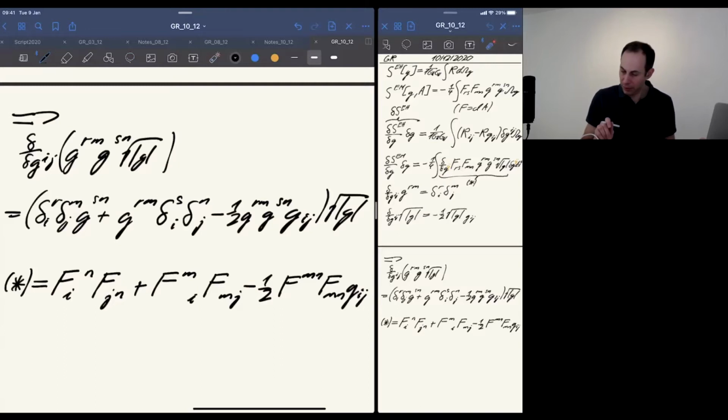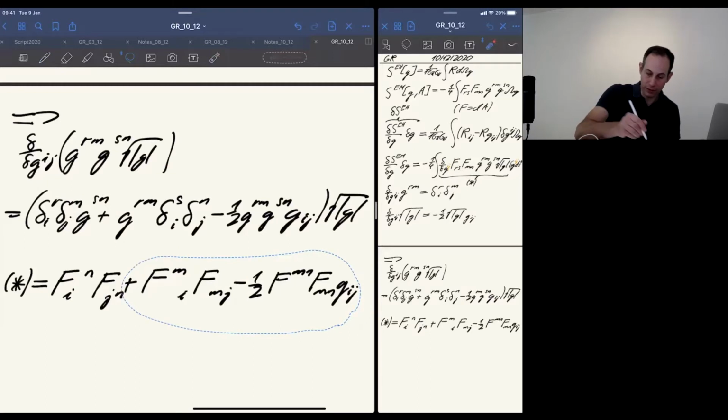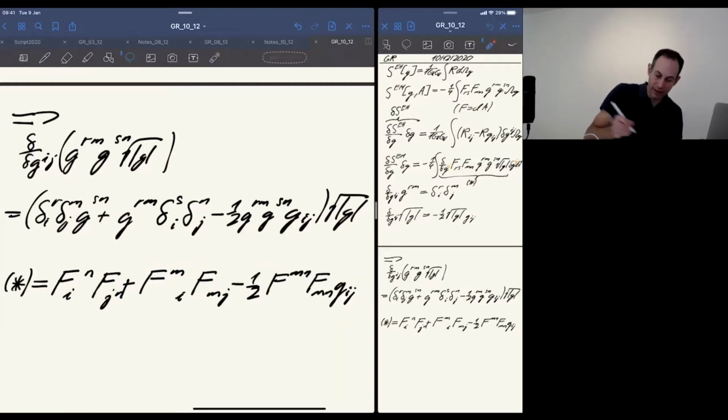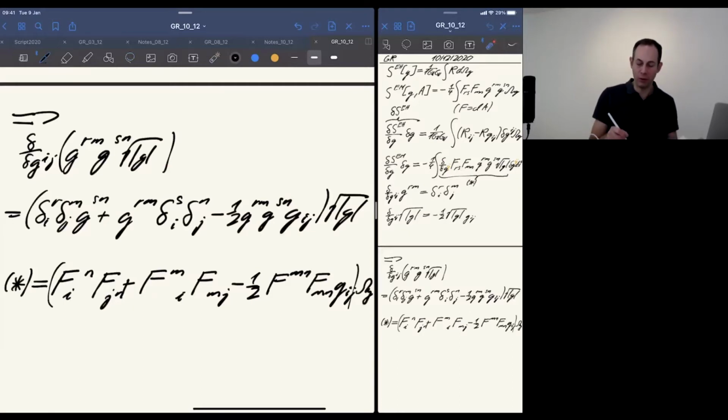We still probably need to put somewhere the square root of the determinant. So let me see whether I can make some space here. The whole thing still has to be multiplied with the square root of the determinant, which I can write in the coordinate independent way as omega_g.